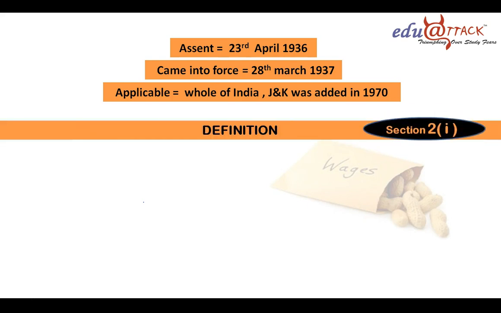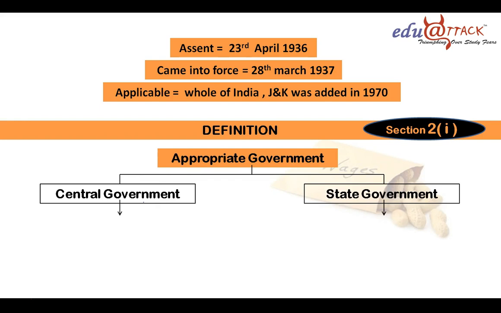Now let's see the definition. The definition of appropriate government is given under Section 2 clause I. Generally there are two types of government: central government and state government, which we call in the act the appropriate government. So what are the powers of the central government?